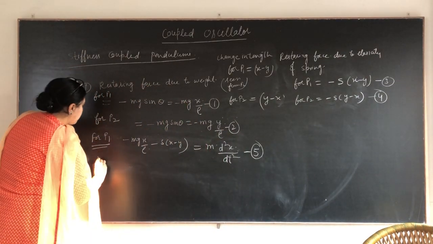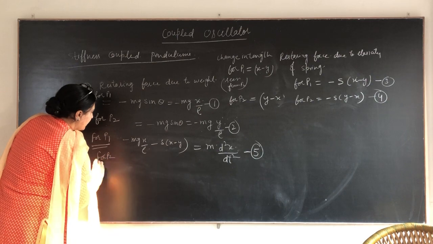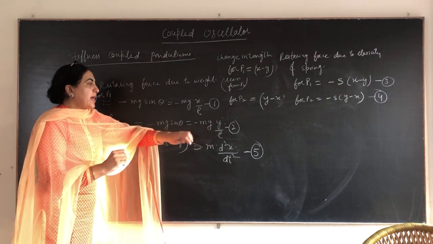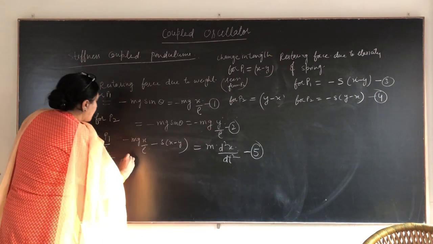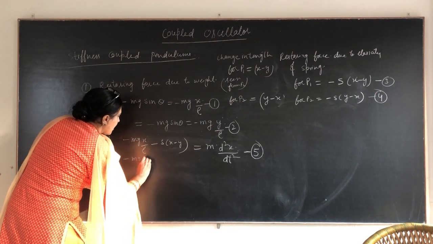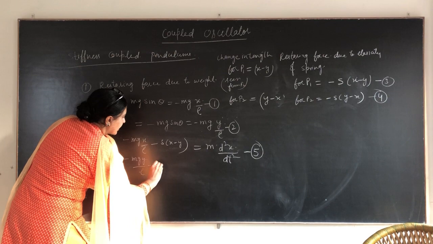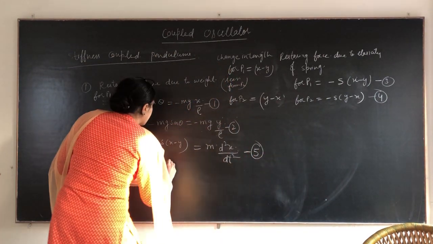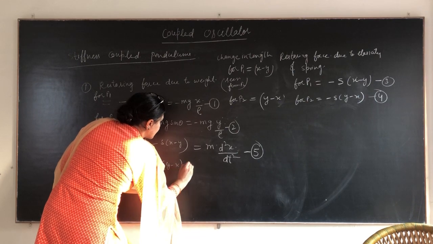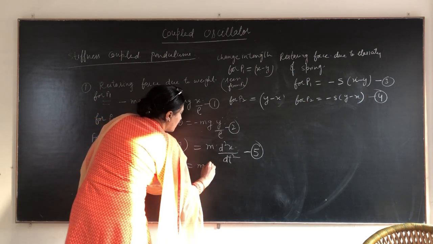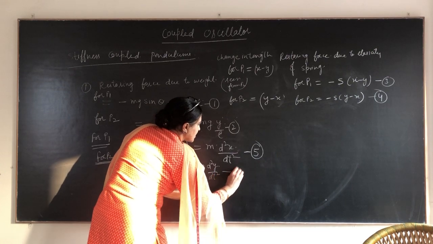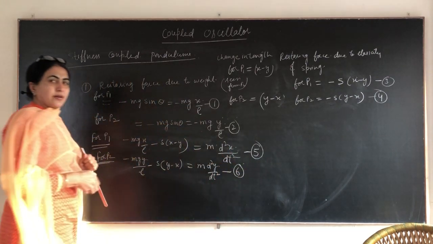Now for pendulum P2, the restoring force due to weight is minus mg y over l. So minus mg y over l minus s into y minus x will be equal to m into the double derivative of y with respect to t. This is equation number 6.